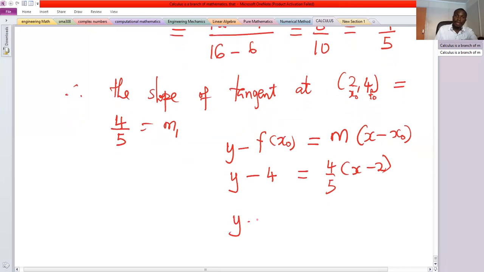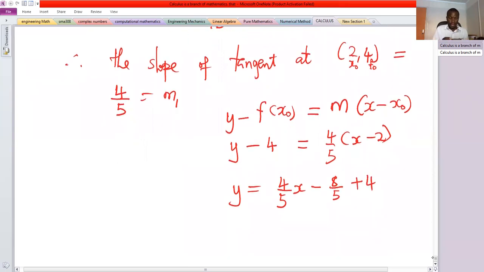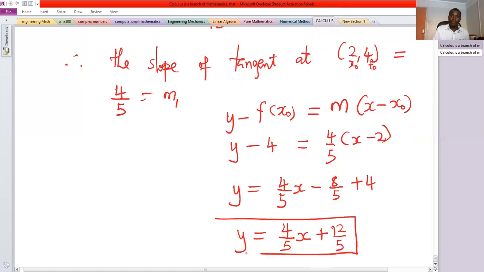So y equals 4 over 5 x minus 8 over 5, now plus 4. Minus 8 over 5 plus 4 gives you 12 over 5. So y equals 4 over 5 x plus 12 over 5. This is the equation of the tangent.